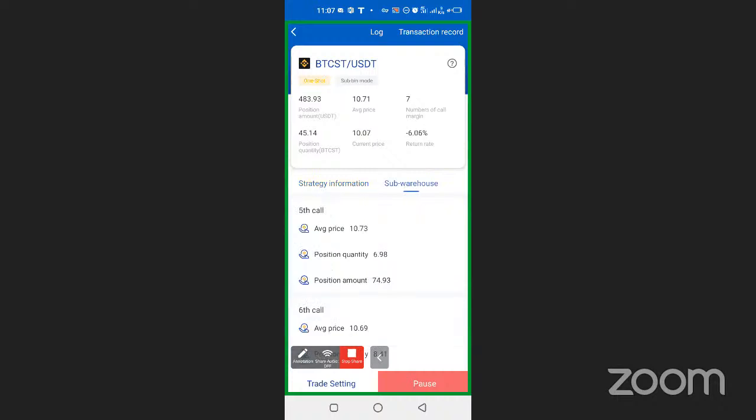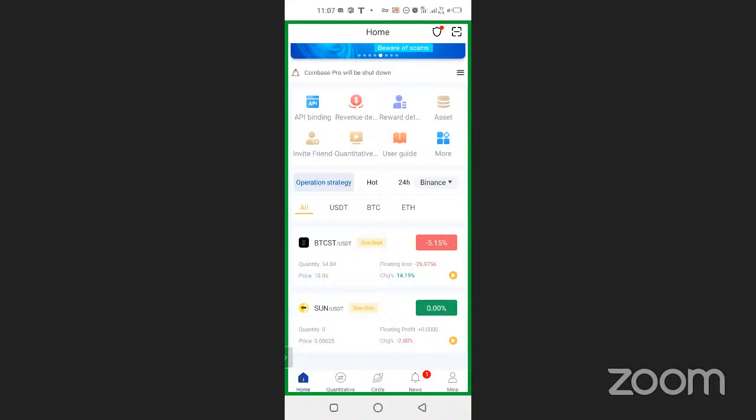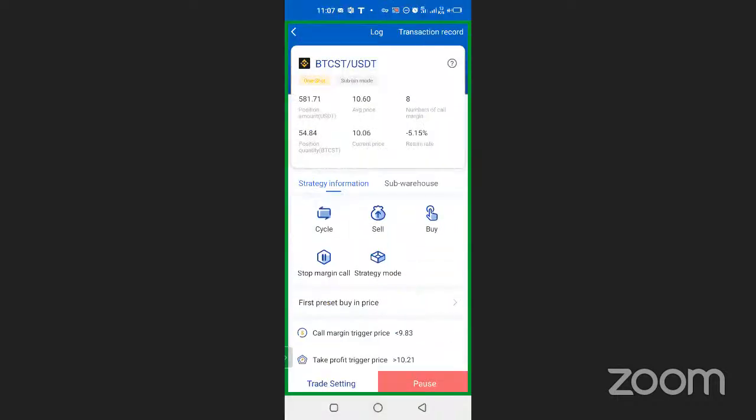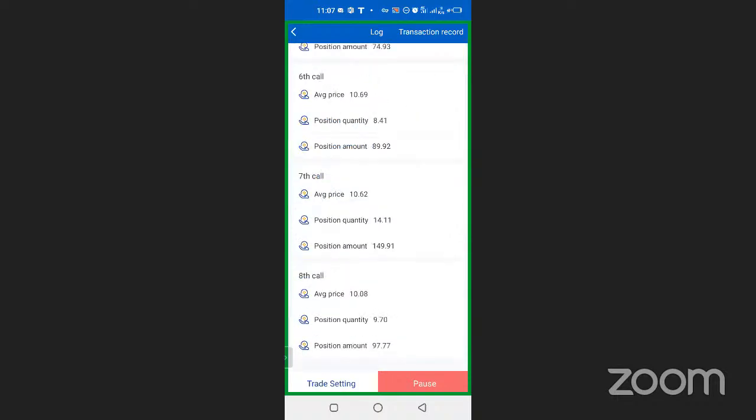This is where, all right, I hope you see, my robot has bought. You see, my robot has bought. But I want to show you here in the sub sale, it has bought which 8th time, and at what price.